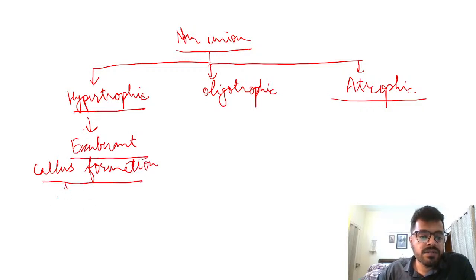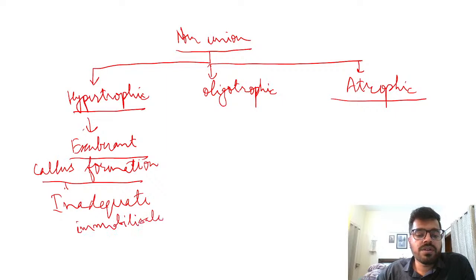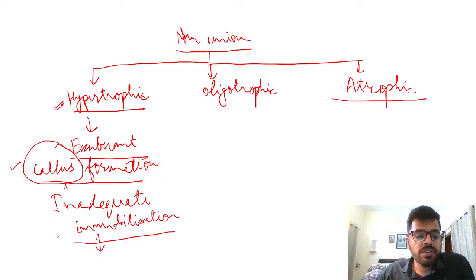This occurs because of inadequate immobilization or stabilization. So the body tried to immobilize it by forming callus. So the body formed a lot of callus. That is hypertrophic non-union. So what do we need to do in this? We need to do immobilization. We need to stabilize this fracture and it will go into union.